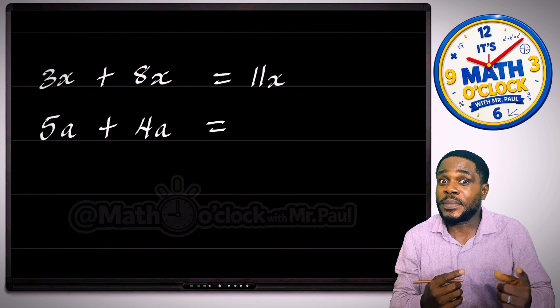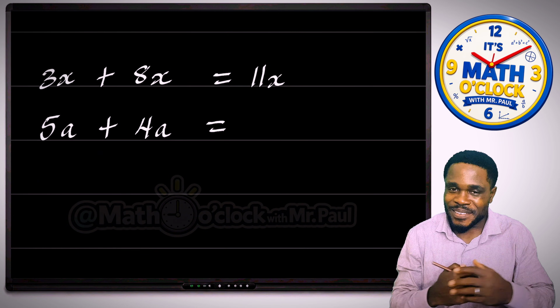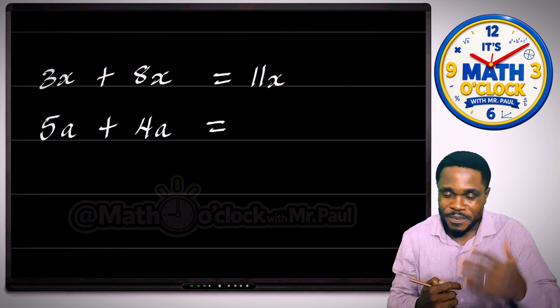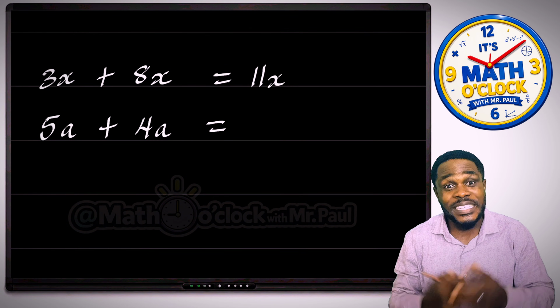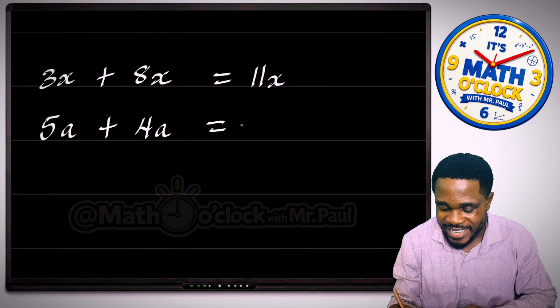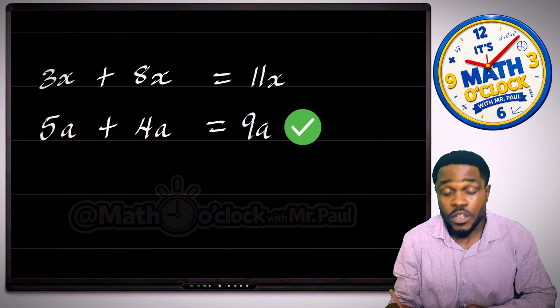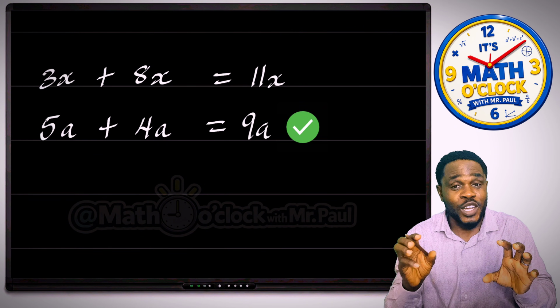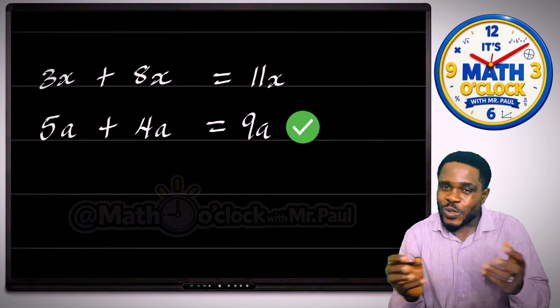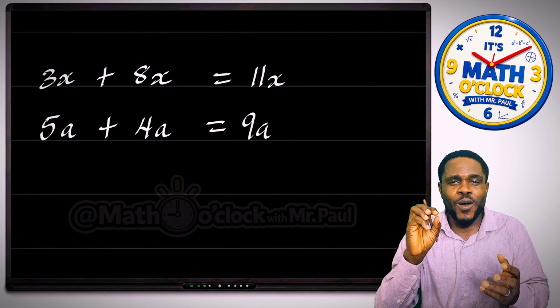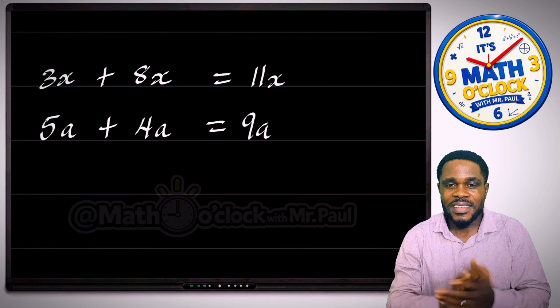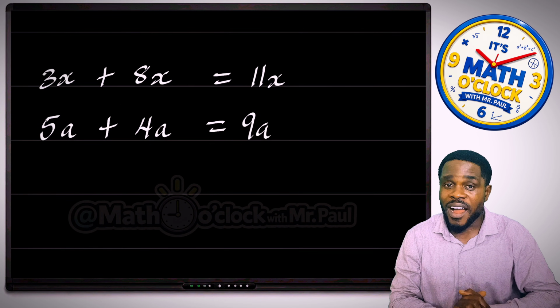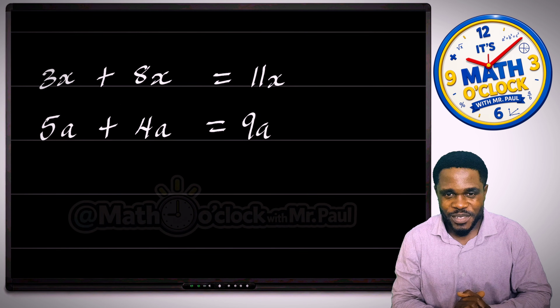Is it 9 apple? It's not going to be 9 apples. Don't mind me, I'm just kidding. Of course it's going to be 9 apples. So you write just 9a. So when you are grouping like terms, since they are like terms, you just pick the constants and add them or subtract them, and then pick one of the variables to represent the variables because they are like terms.